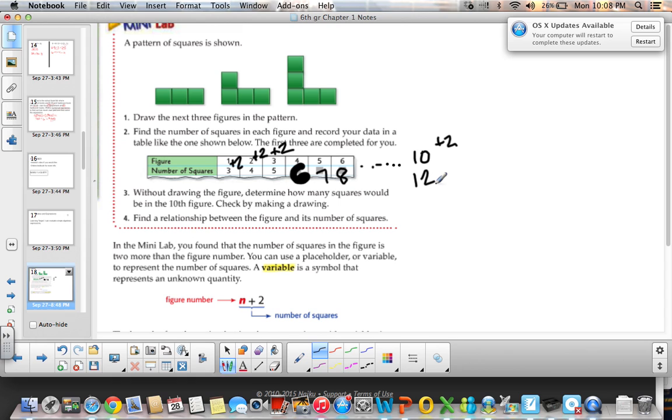So whatever the figure is, if we wanted to go to figure 100, we could add 2 and we would get 102. So for any figure, n, which is called our variable, because a variable is a symbol that represents an unknown quantity.